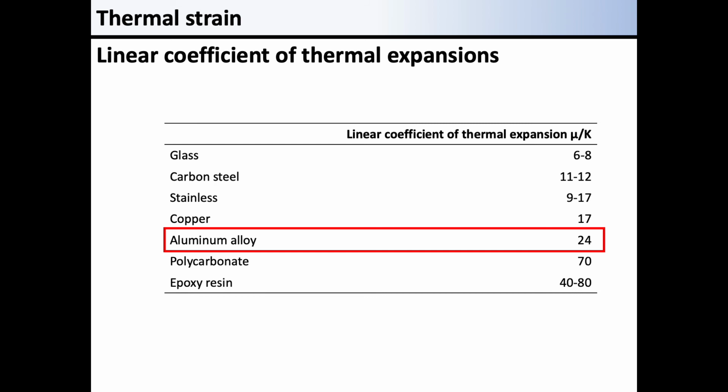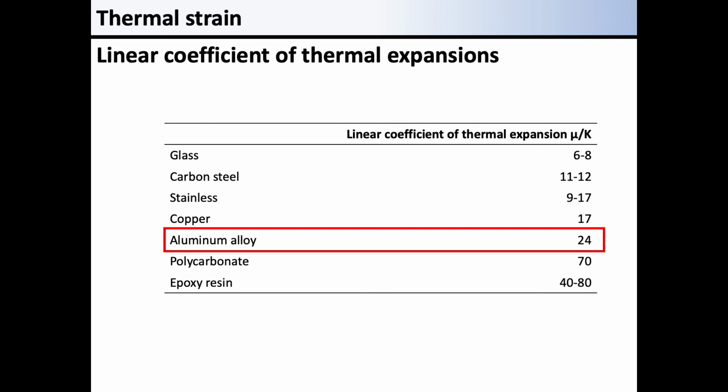However, if you raise the temperature, the aluminum part expands more than the carbon steel part. Then, it behaves as if it is slightly bent or deformed toward the carbon steel. You may remember that materials with different linear coefficients of thermal expansion can be deformed like this piece when the temperature changes.